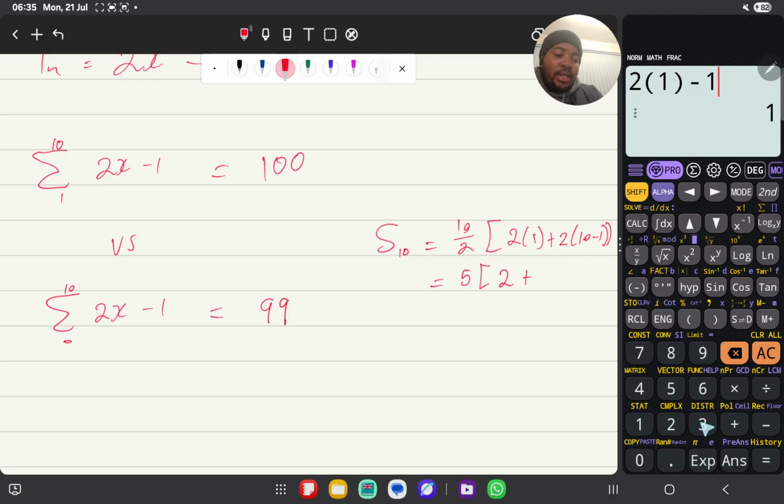Nine multiplied by 2 is 18. So 5 times 2 plus 18 gives 100, né? The key thing I want to address is that this formula Sn is for summations starting from 1, not 0. Do you understand? This is how it is done.